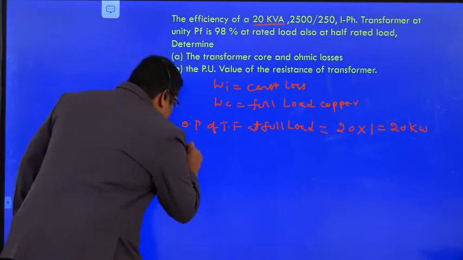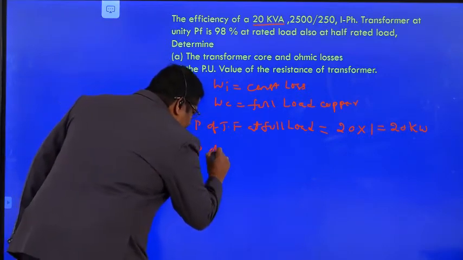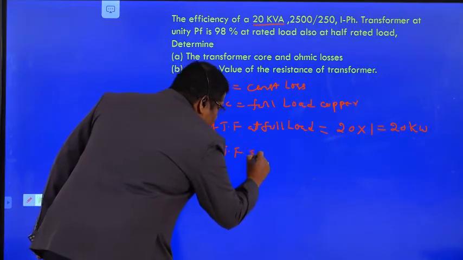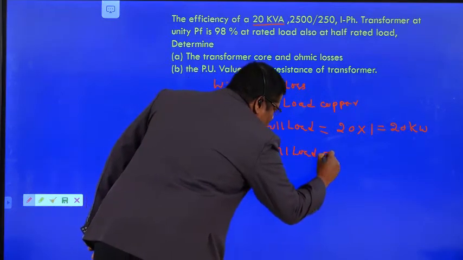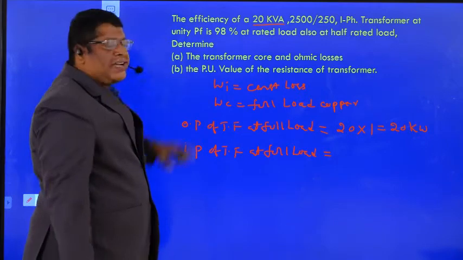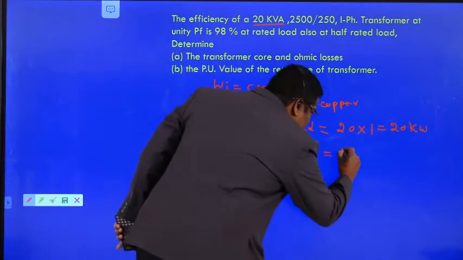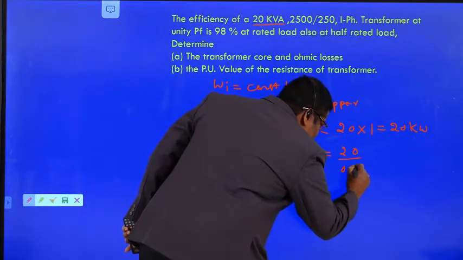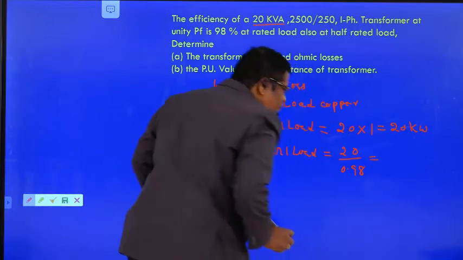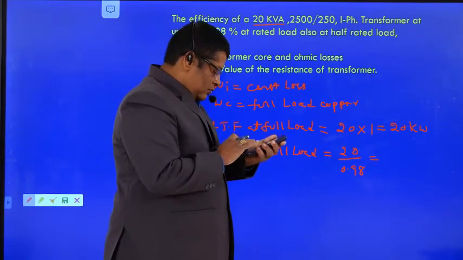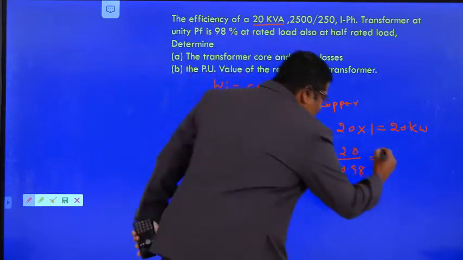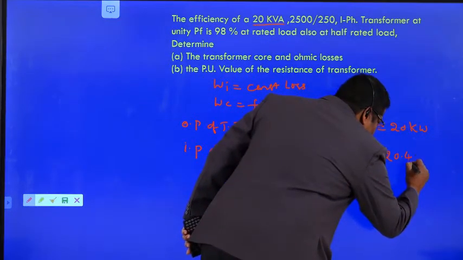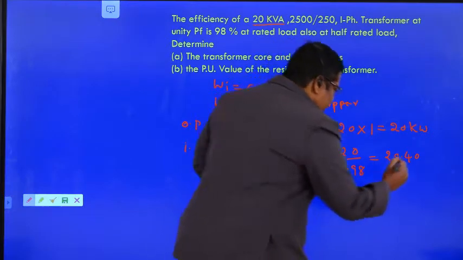Now the input of the transformer at full load is equal to output divided by efficiency, with efficiency given as 98%. We are getting 20.408 kilowatt.